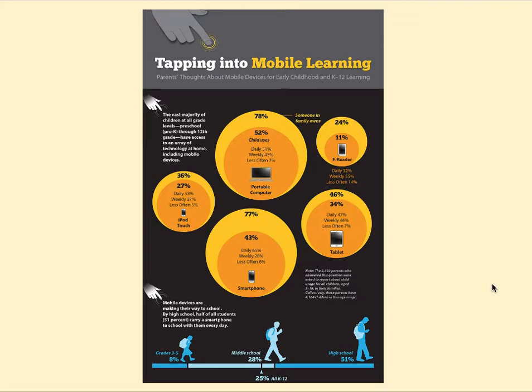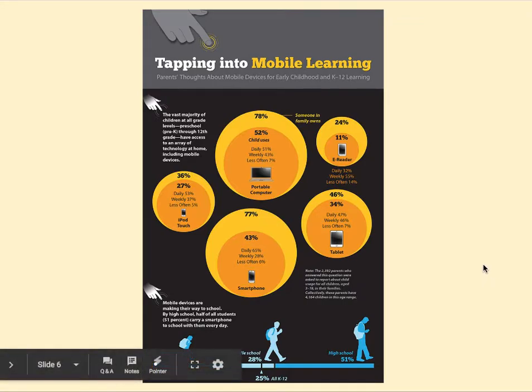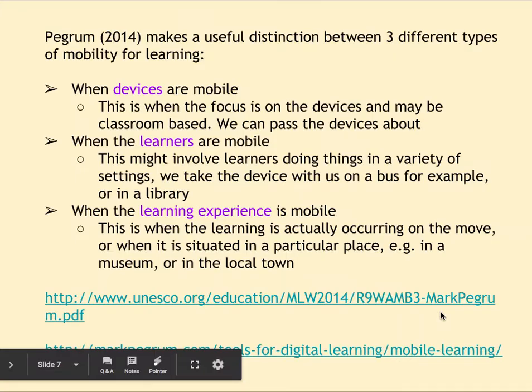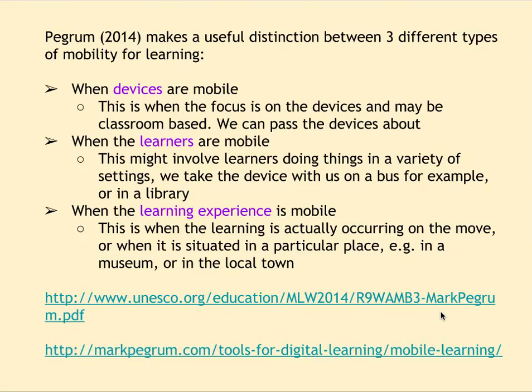They might actually realize the potential of the technology. I mean, they may already have quite a lot of insights, but perhaps some children don't necessarily have the same insights. So Pegram, writing back in 2014, makes a really interesting distinction between different types of mobility for learning.